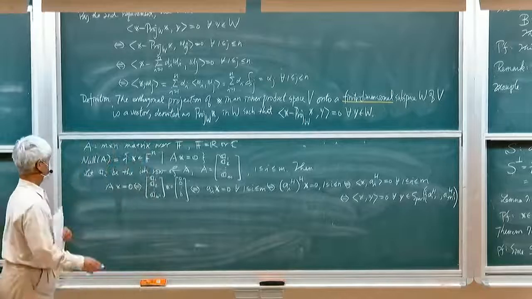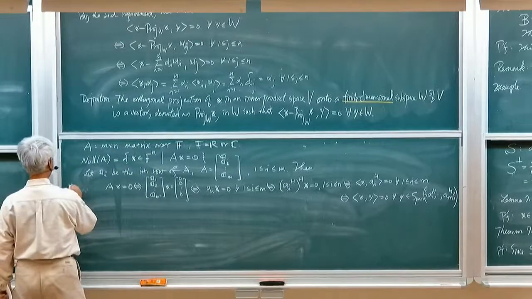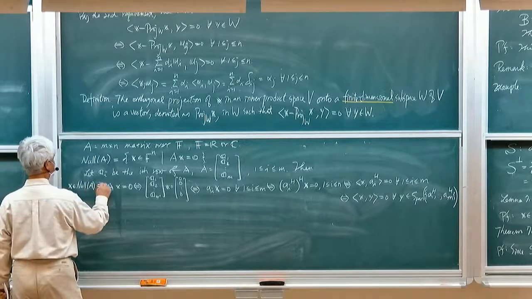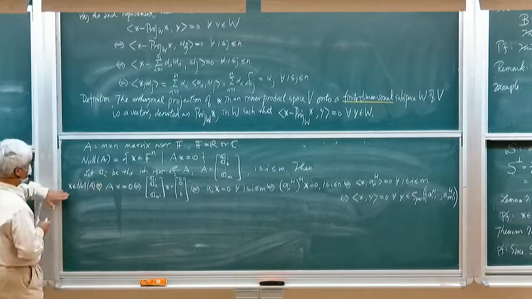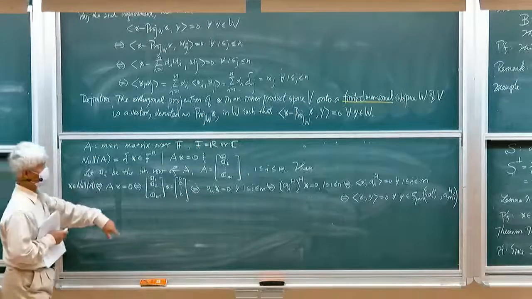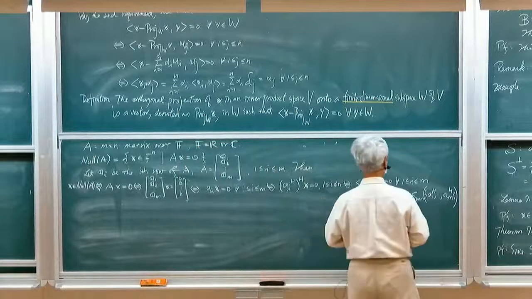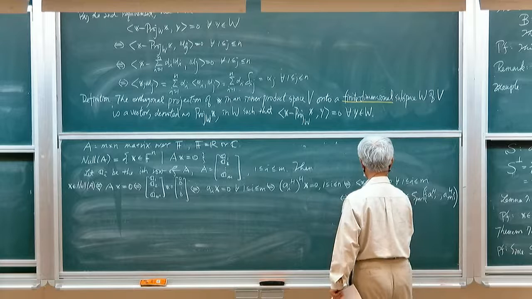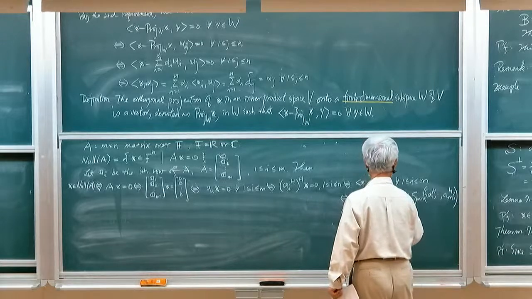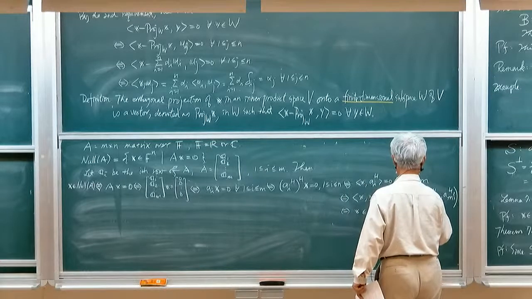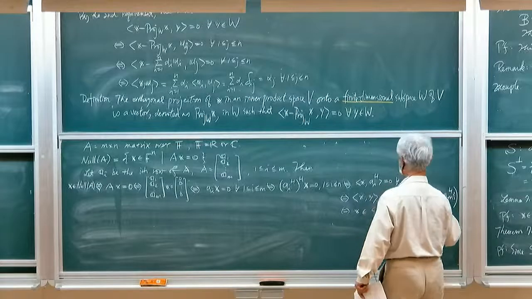So x is in the null space of A if and only if, so we have a long chain, right? So x is in the null space of A if and only if x is in the orthogonal complement of the span of A1H up to AMH.